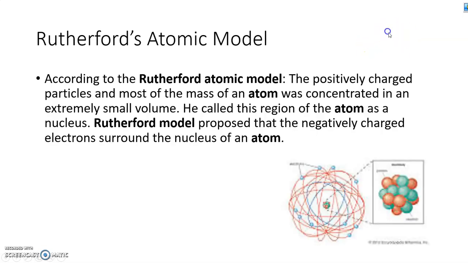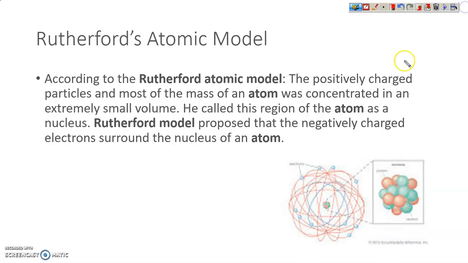Now we will see Rutherford's atomic model. What did the atomic model consist of? From his observation, we saw that atoms consist mostly of empty space. The entire positively charged particles, which are protons, are present in the center of the atomic sphere.